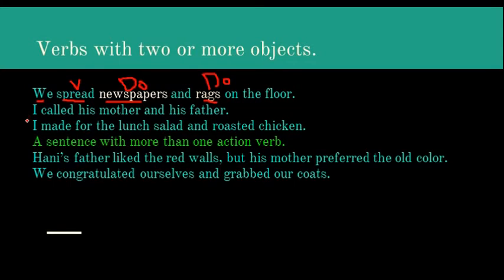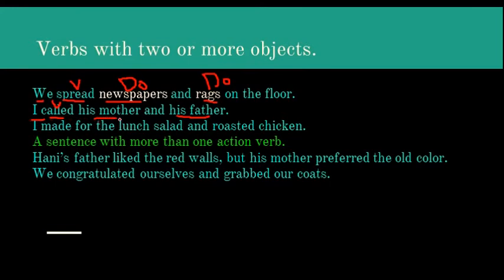Next example, I called his mother and his father. In this sentence, I is subject, called is action verb, and again we have two direct objects, his mother and his father. Mother and father are receiving action from the subject.